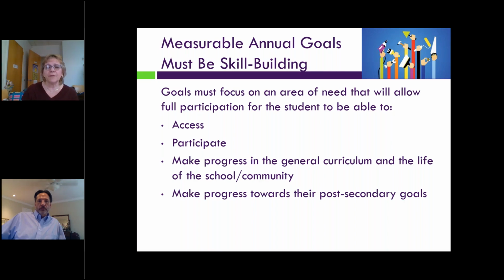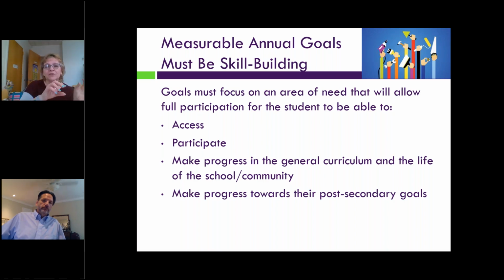Now, the student needs full participation to be able to access the general education curriculum, or whatever curriculum the child is working on. They have to have access to all of that and participate in what their goal is and what that need is. What are they actually going to be doing as part of that goal so that you can measure it? So you have that progress monitoring, right?